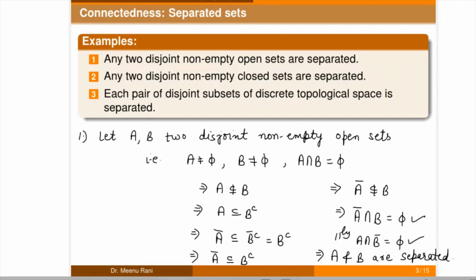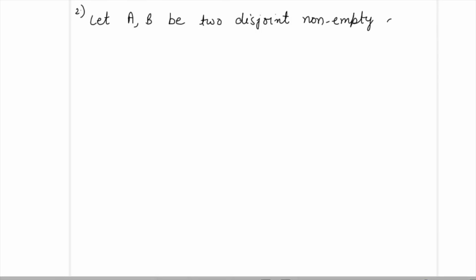Then the next example, any two disjoint non-empty closed sets are also separated. So if we take any two closed sets which are disjoint and non-empty, it means A is non-empty, B is non-empty, and A intersection B is empty, and A and B both are closed sets.